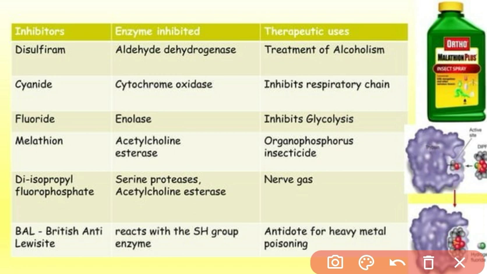In the presence of inorganic phosphate, fluorophosphate ions are formed, which when bound to Mg ions form a complex with enolase and inactivate the enzyme. So fluoride irreversibly inhibits the enzyme enolase, so that it inhibits the EMP pathway or glycolysis.